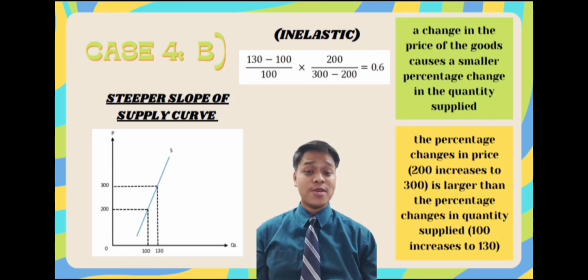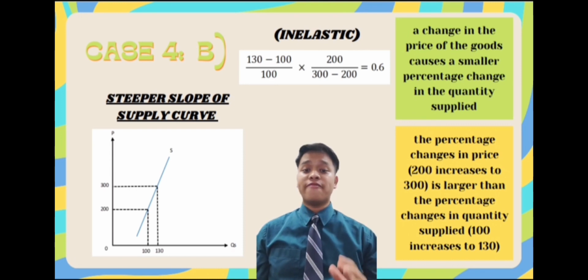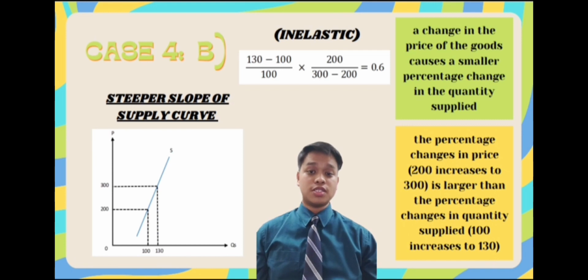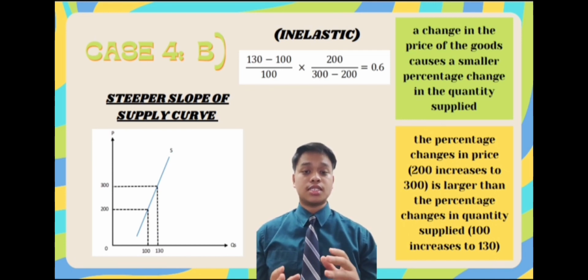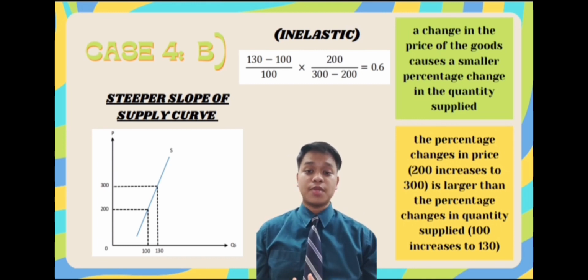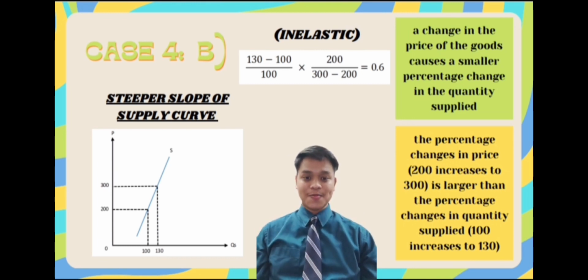Now, I will tell you the answer for B. The equation for B is (130 minus 100) divided by 100 times 200 divided by (300 minus 200) equals to 0.6. So, the degree of responsiveness in price elasticity of supply for B is inelastic because the elasticity of supply is 0.6.